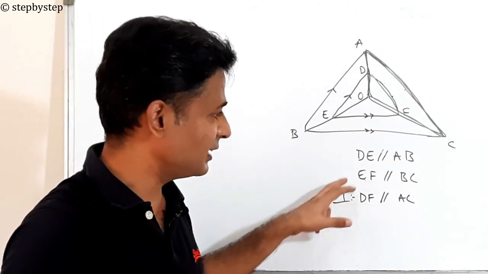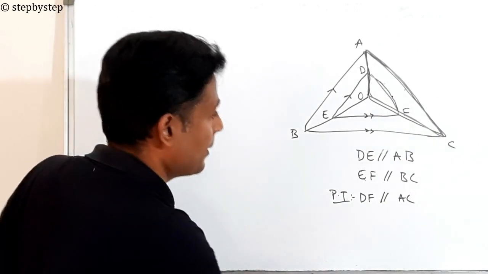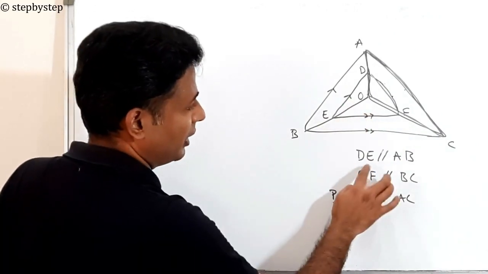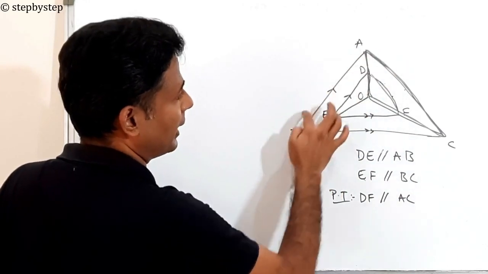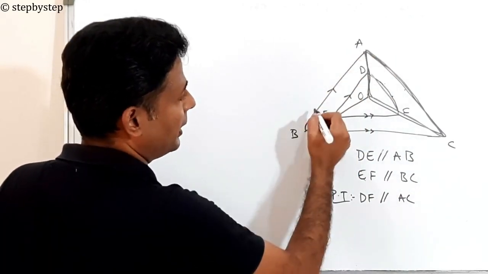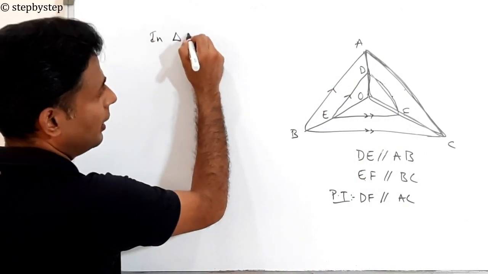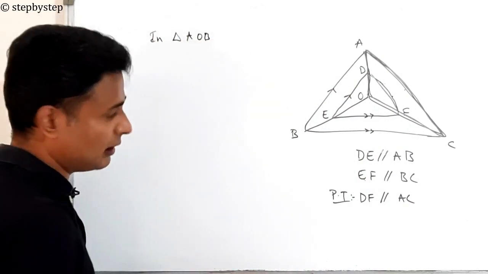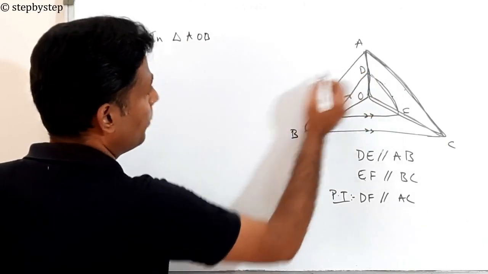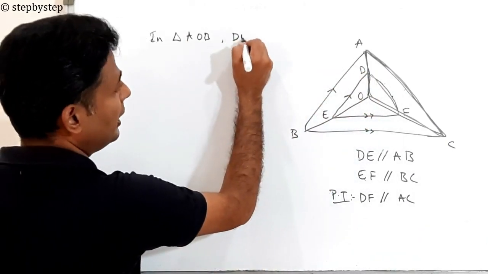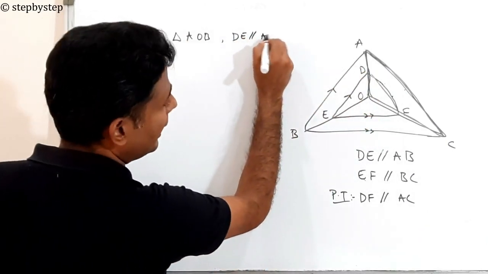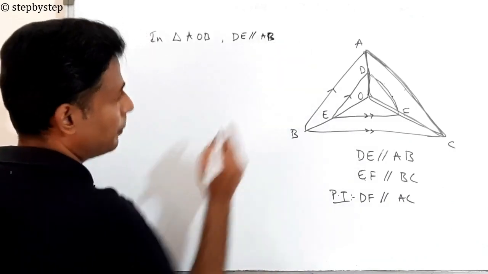So since they have given us these two, we'll see how to solve. Now they have given us DE parallel to AB, right? So DE and AB come in this triangle, right? In triangle AOB. Can you see it? In triangle AOB, DE is parallel to AB, which means what?